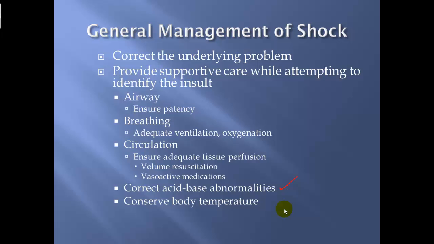This goes back to something we learned in the airway management of the Bohr effect. How do the red blood cells know to offload their oxygen? And the answer is changes in pH. So if you have a systemic change in pH, very simply, you're going to offload as soon as you hit the blood. And conserve body temperature.